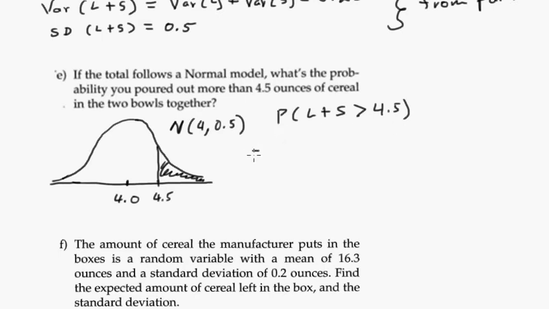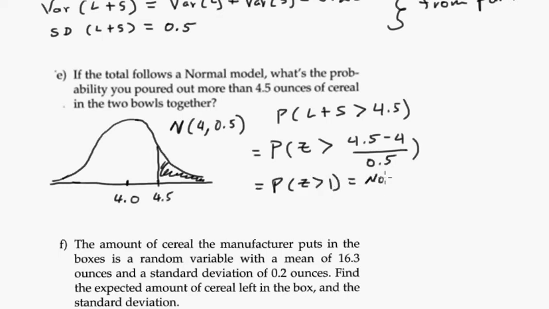So we want to know what's the area under the curve right here. So that's just going to be equal to the probability of Z greater than (4.5 minus 4) divided by 0.5. And let's see, that's also going to be 1. So that's the probability of Z greater than 1.